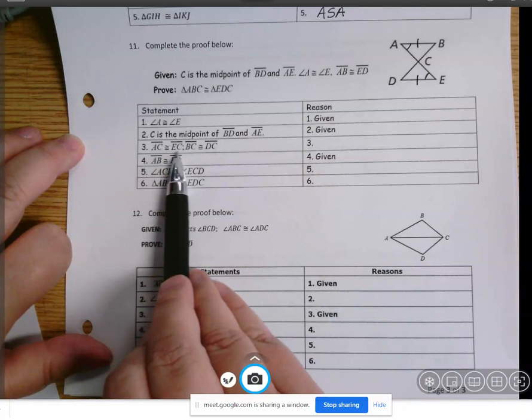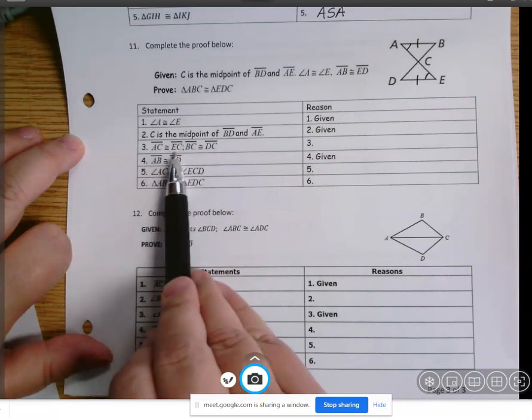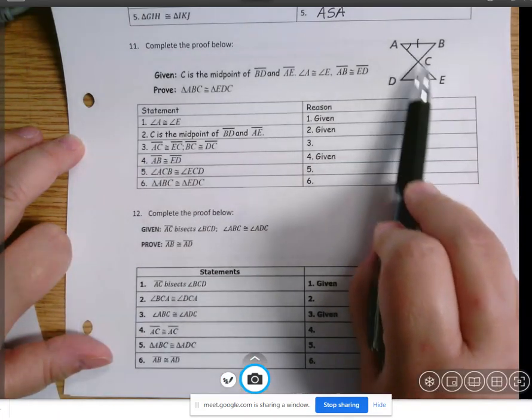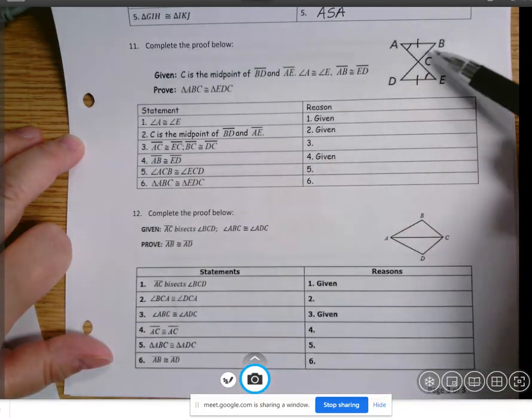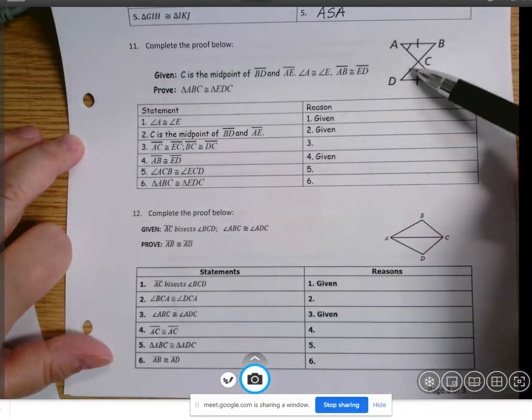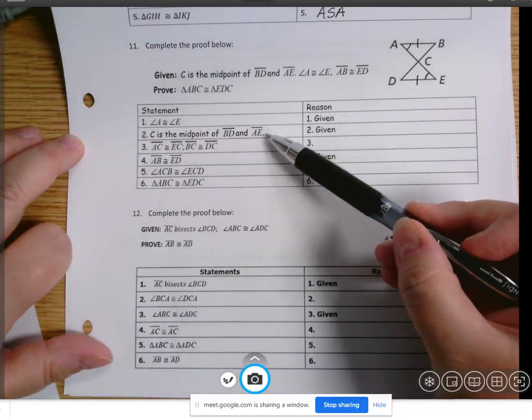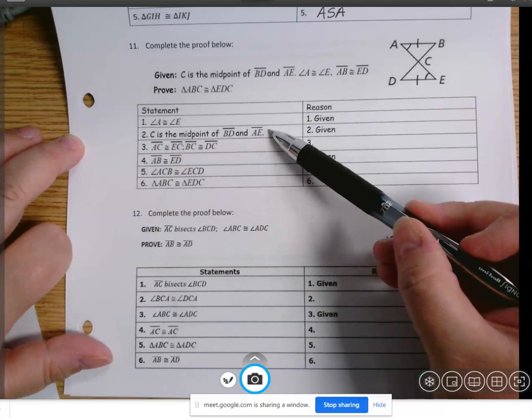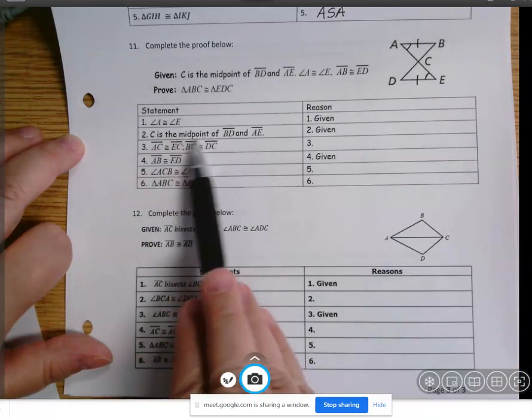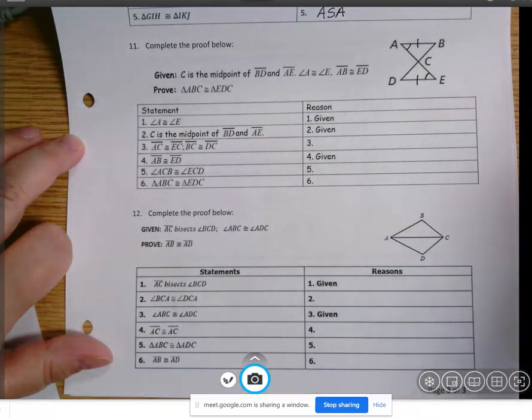So the first thing I have to mention is, how do I know that AC is congruent to EC? That's these two pieces. And how do I know that BC is congruent to DC, these two pieces? That comes directly from this. And it also helps you think about it because it's the previous step. Remember, if we're going to use the word midpoint, then we're also going to talk about what it means to be a midpoint.